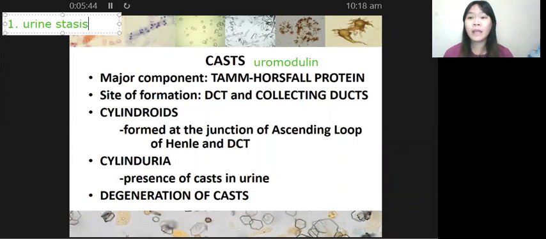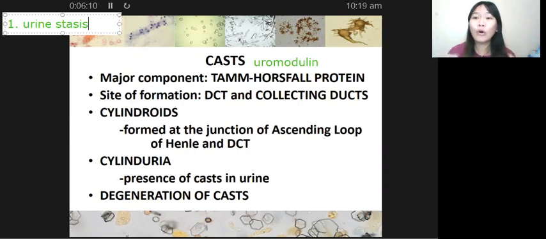Remember, yung casts naman natin, hindi naman siya readily available or readily formed in our filtrate. It takes a certain period of time before your casts are formed. And of course, kung okay yung urine flow natin, hindi mabubuo yung ating casts.